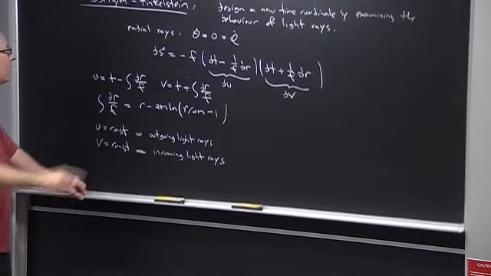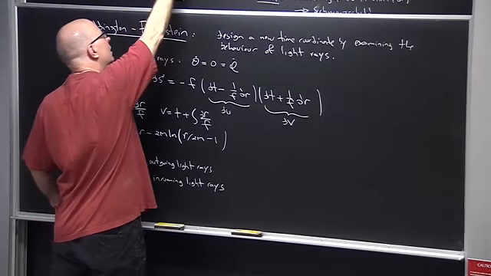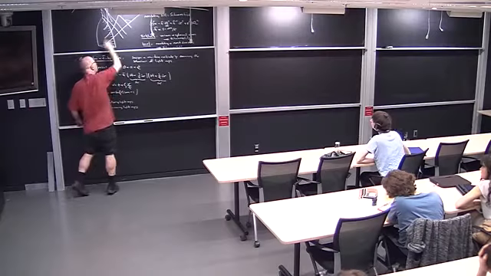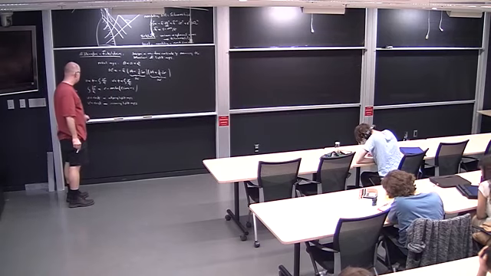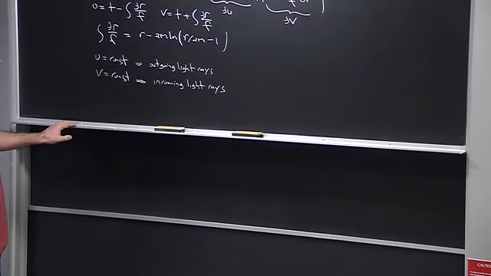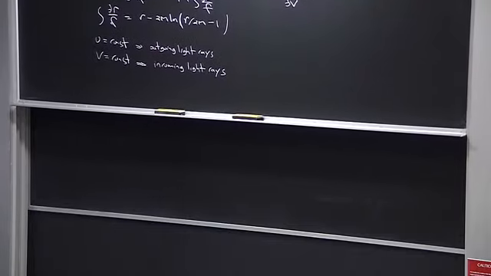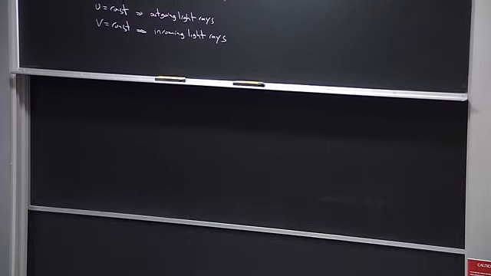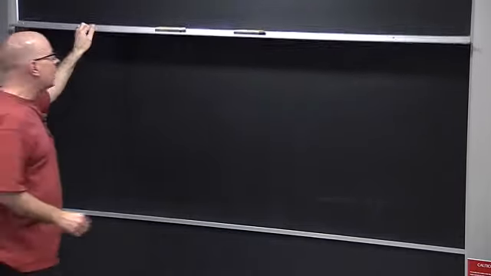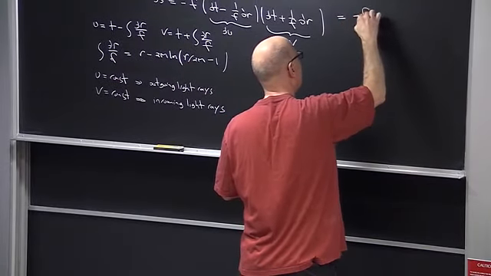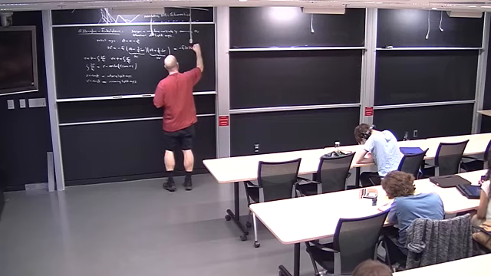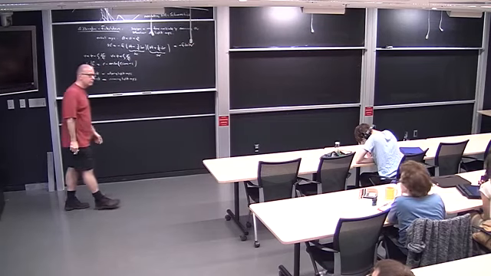So in the cartoon over there, those would be the u equal constant rays, and those would be the v equal constant rays. One option is to take this seriously and to say that we could rewrite the metric in terms of u and v.